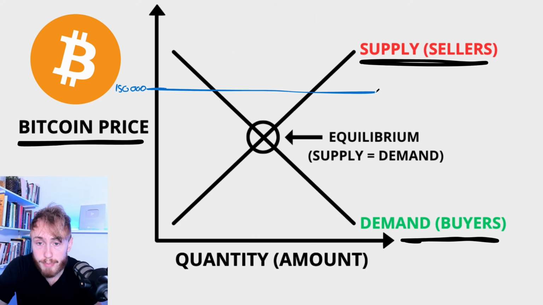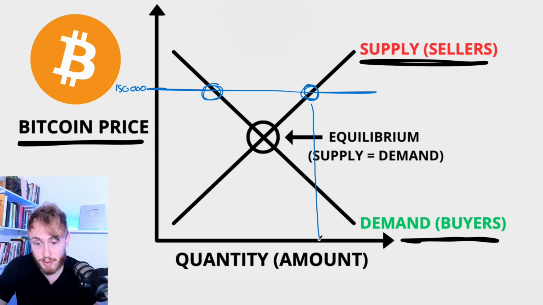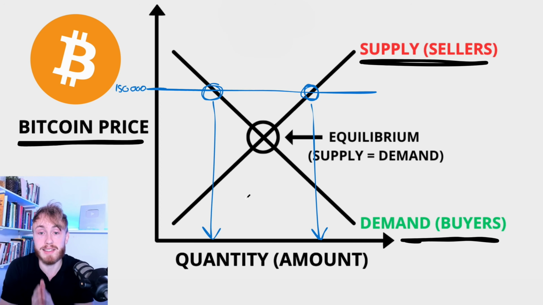You can see that right now, as I'm recording this video, at 150,000 US dollars, on this specific price level, we actually have more supply. This right here is supply compared to demand. We can look down here in the graph and clearly see that we have more quantity supplied compared to the quantity demanded at this level.